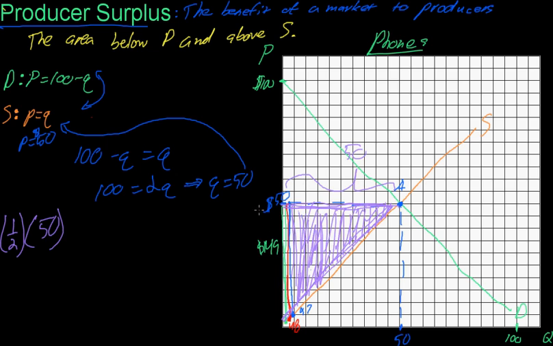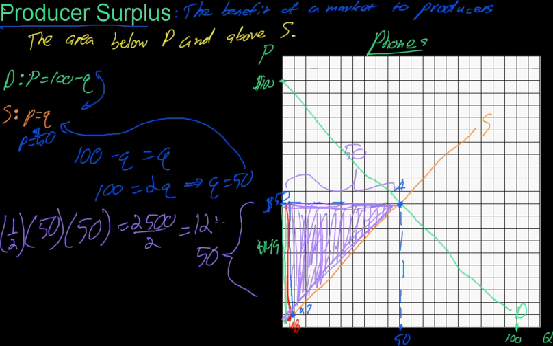And then the height is also 50, because we found out that equilibrium price is 50. So 1/2 times 50 times 50. 50 times 50 is 2,500. Divided by 2 is going to be $1,250. So that is the producer surplus for this market for phones.